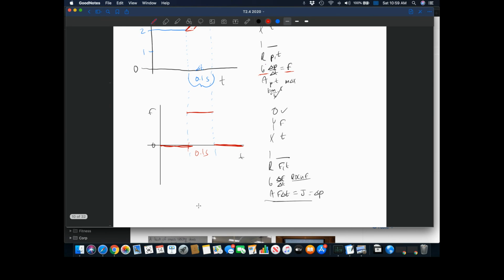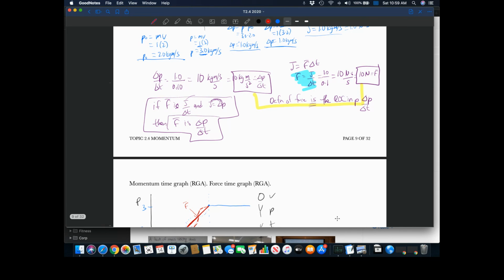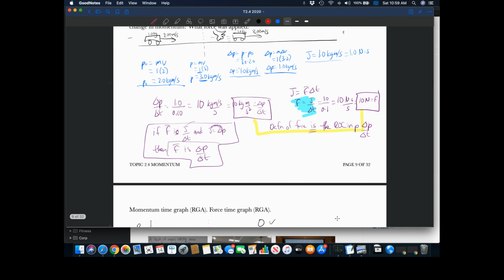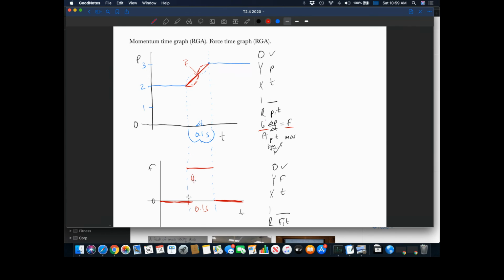So that impulse, we said, is the area. And we already calculated what the impulse is. We know the impulse is equal to the change in momentum, which is 1 kilogram meters per second. Impulse and change in momentum. So that means that the area must be equal to 1.0 kilogram meters per second.